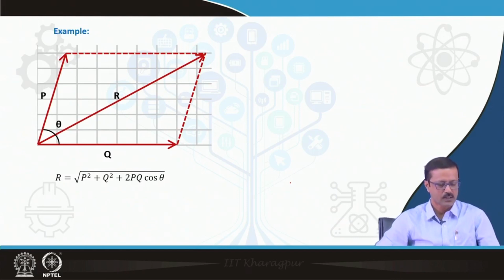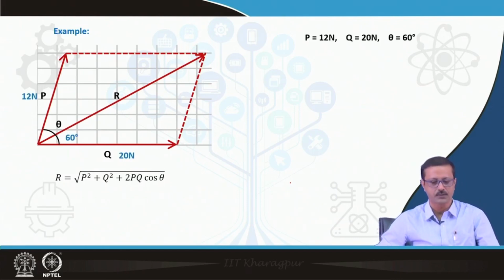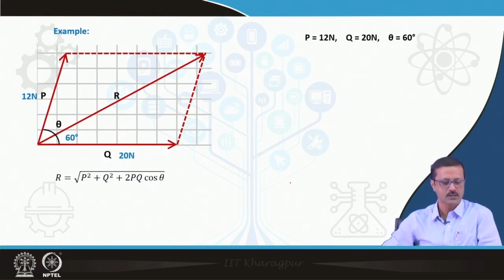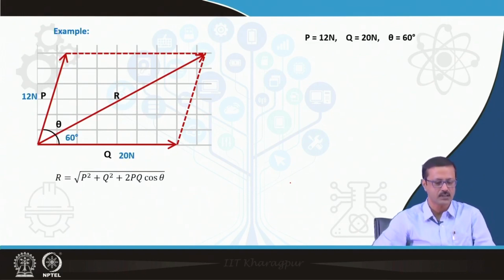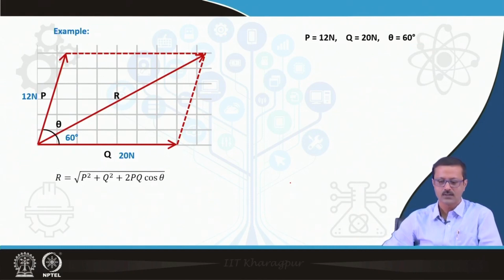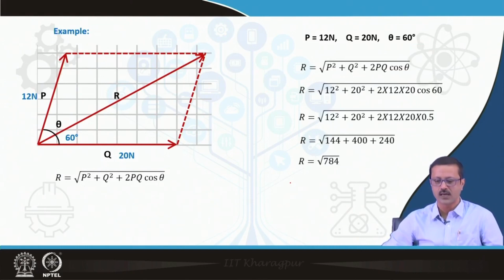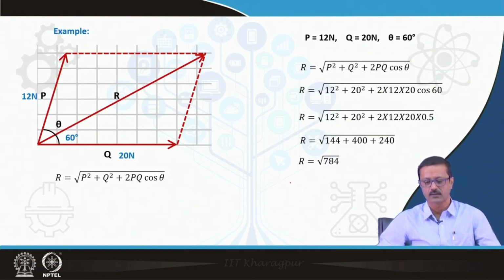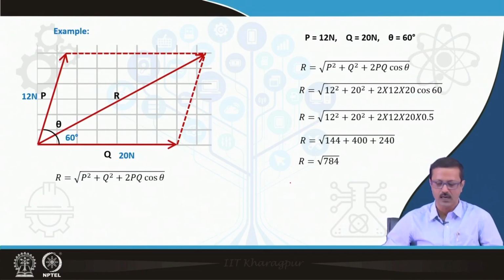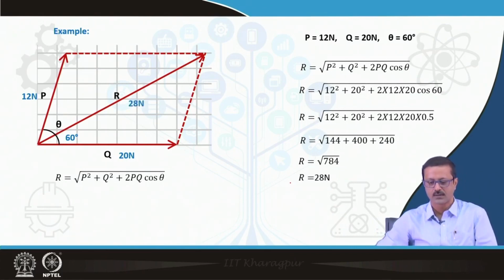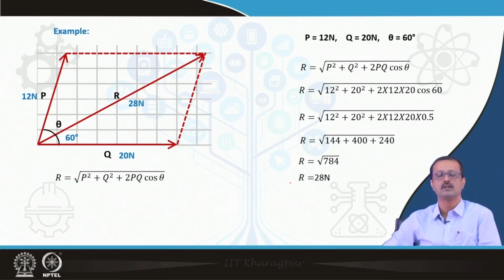Suppose P is 12, Q is 20, and theta is 60 degrees. Putting those values in the formula, R is the square root of 784, which is 28 Newton.